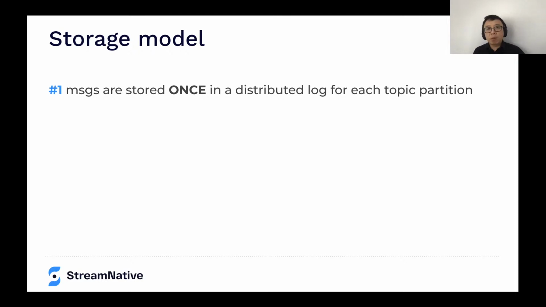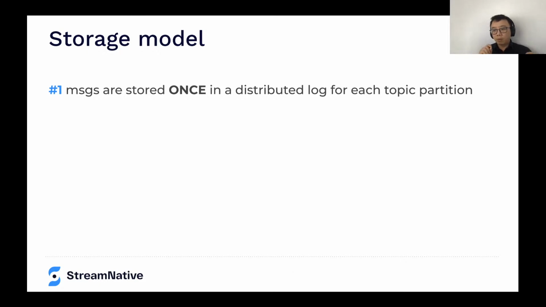In this model, messages are stored only once. That means no matter how many subscriptions you have, all the messages are stored only once in a distributed log for each topic partition.